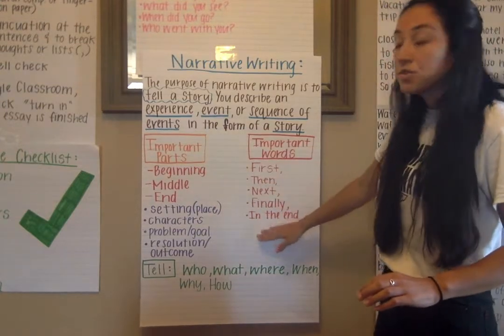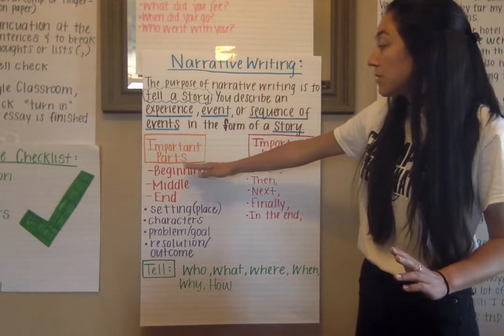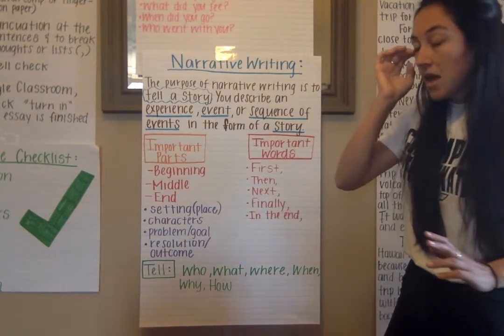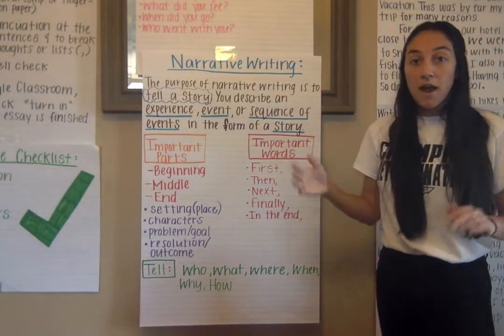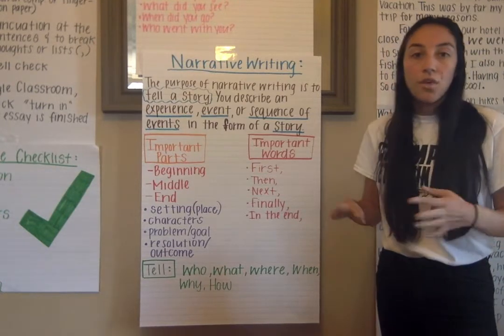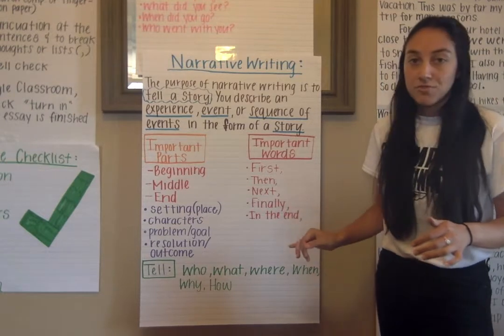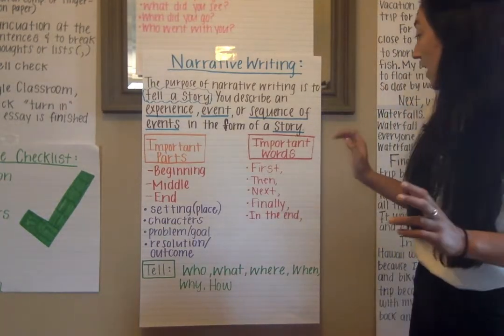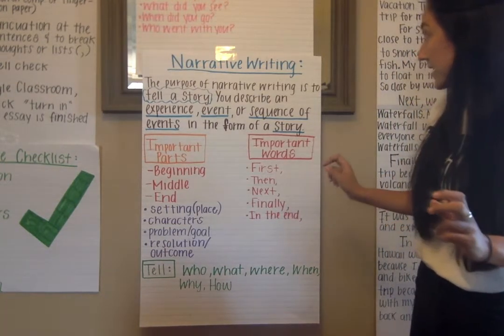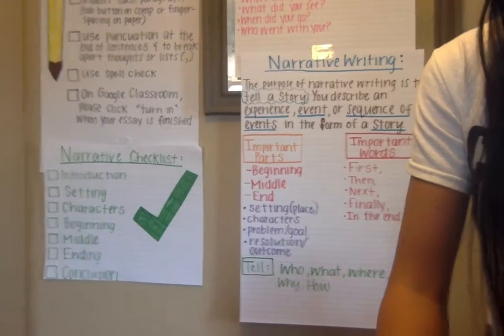So these words could help you form your paper into a beginning, a middle, and an end. There's obviously a lot more out there. You can use second, third, fourth, whatever you want. Just please remember that a comma always goes after your transitional words or phrases. So there are some components to narrative writing, like I said.